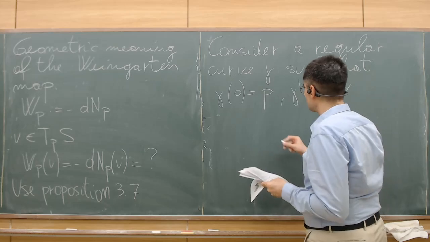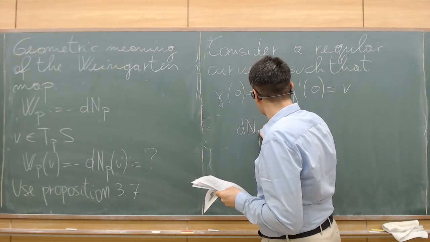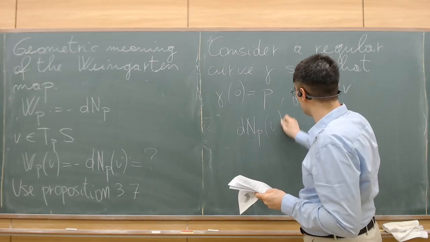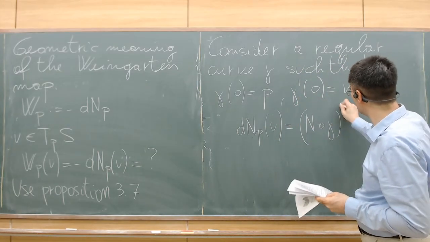Then the derivative of n in the direction of v is (n composite gamma) prime at 0.